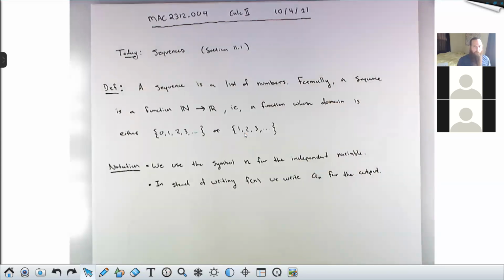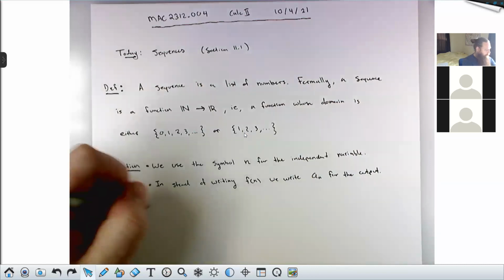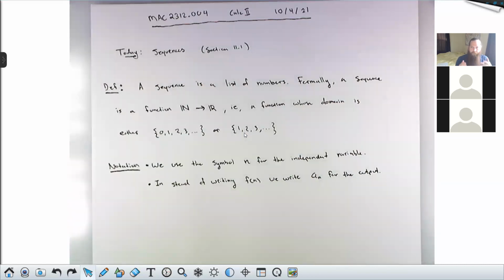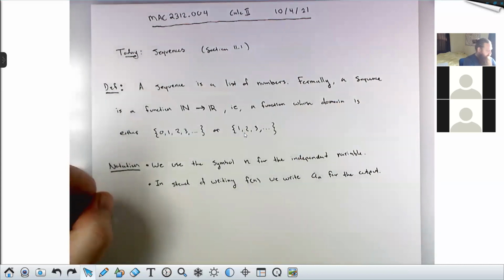A little bit more notation. Maybe let me give you some examples before I show you the rest of the notation, because it'll make more sense with a few examples under your belt. All right, so some examples.